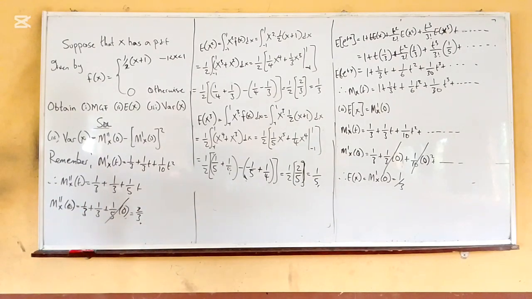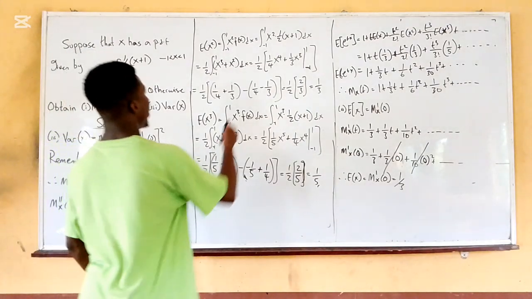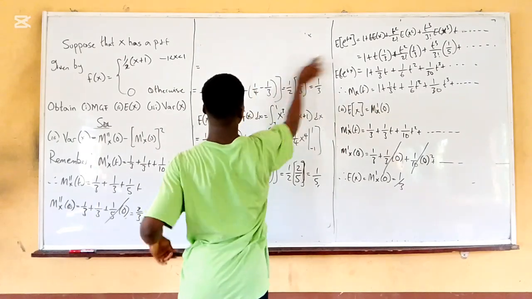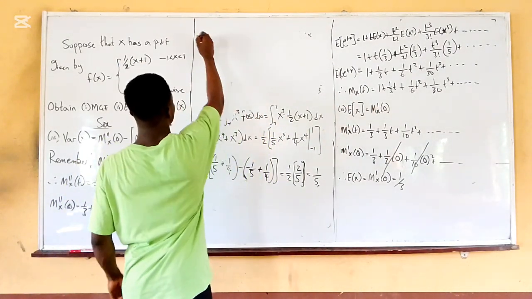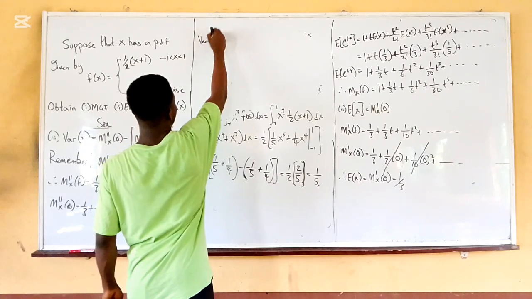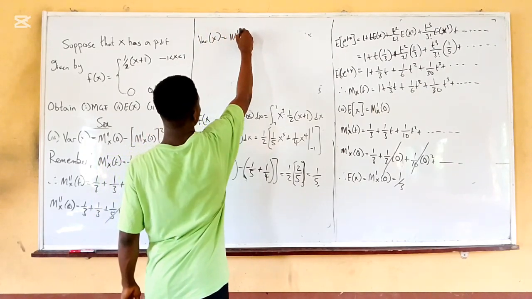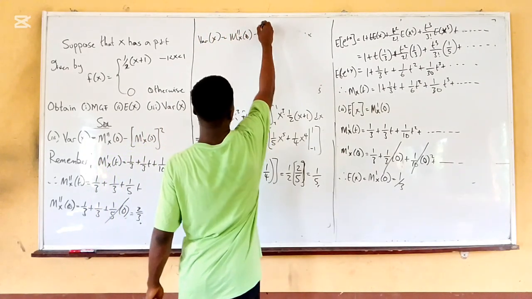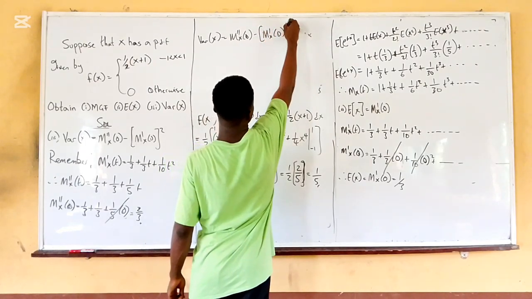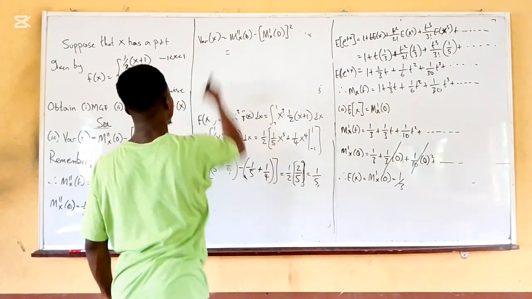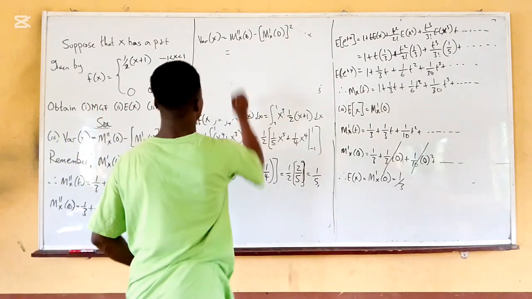Finally, since the variance of X is equal to M double prime X of 0 minus the square of M prime X of 0, what's M double prime X of 0? It's 2 over 3.